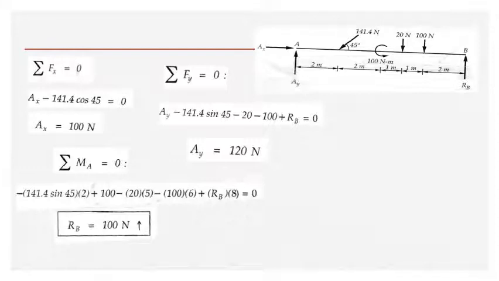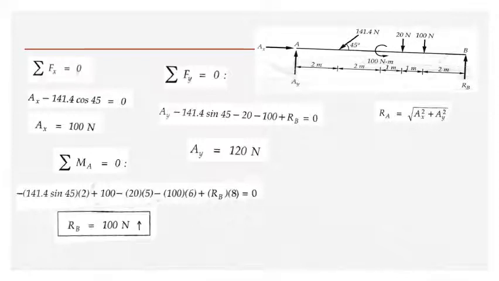So we have applied all the conditions. We have found out RB, AX and AY. So in order to reduce the two forces at the point A to a single load, we have to apply the equation. RA is equal to under the root AX square plus AY square.